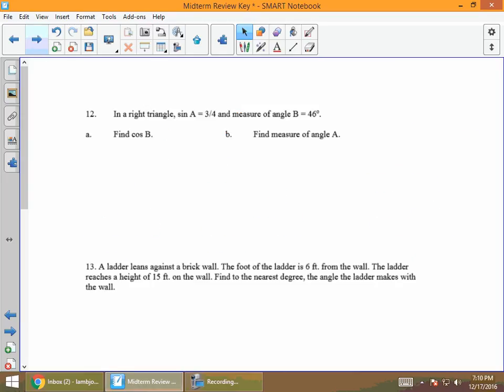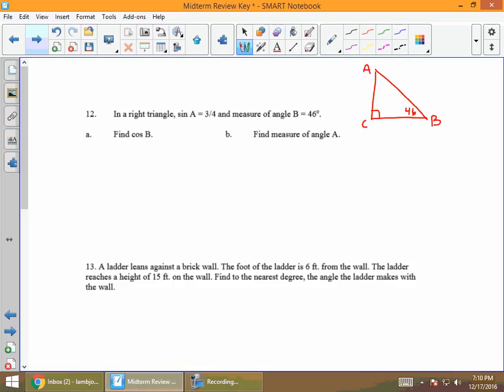Question number 12. In a right triangle, the sine of A is 3 over 4, and the measure of angle B is 46 degrees. Okay, so if I just draw this right triangle, the sine of A is opposite over hypotenuse.